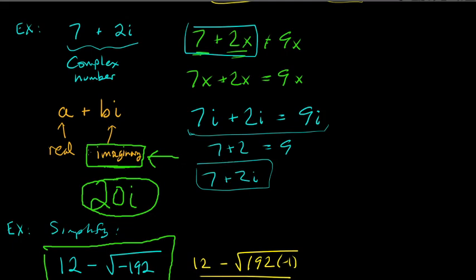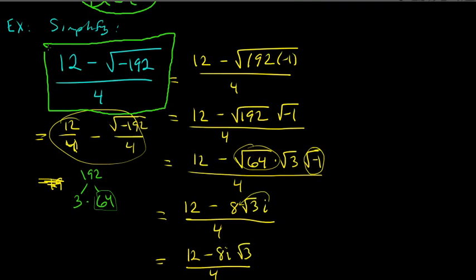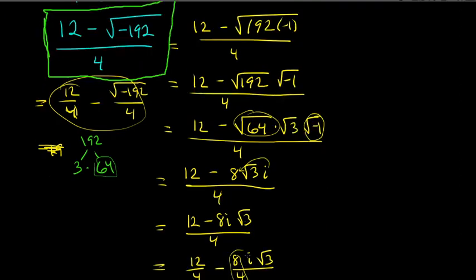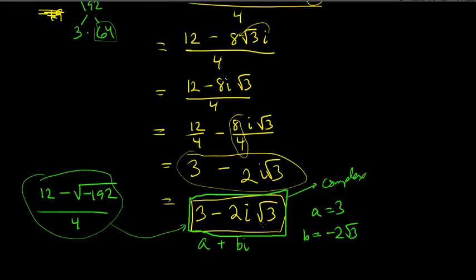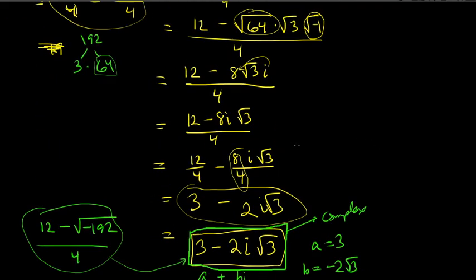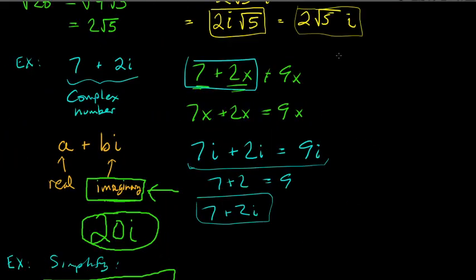In chapter 11, these imaginary numbers will come up. And when they do, we have to be able to deal with them, and in particular simplify things like this until we get to a plus bi, until we get to the basic complex number here, a plus bi. So that's what we're going to do with them.